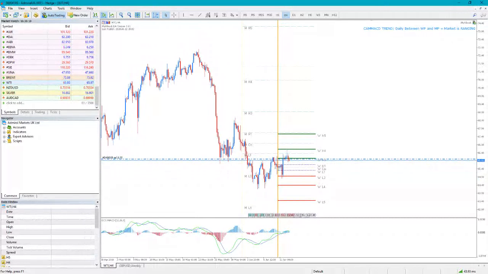Let's say that 95% of requests were for templates and indicators for the MT4. So until we see a demand for the MT5 indicators and templates, it will be on hold. We need to see a demand for that, because we also need to code it. We have our coder, and he always codes the indicators for us. But as I say, until there is demand, there is no point, guys.